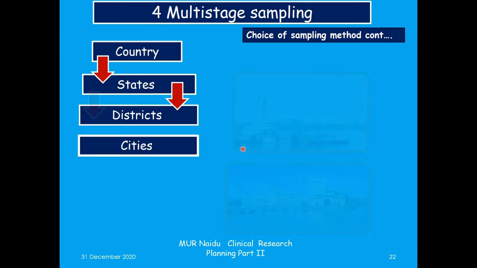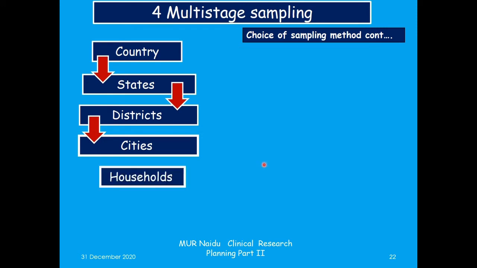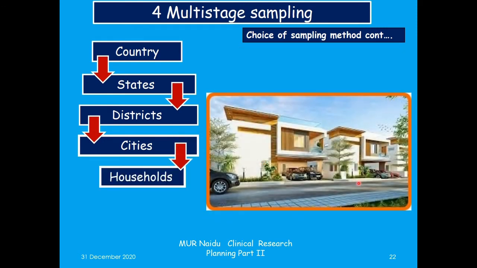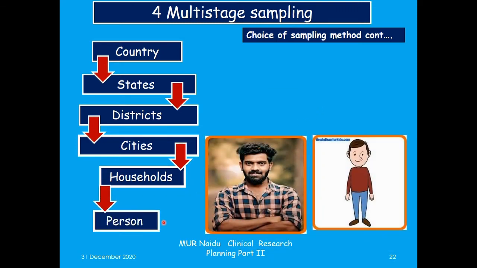Then coming to selection of the city, I have selected the city of Hyderabad and the city of Bombay. And then you have to select a household area from where the sample population will be included into the study. And lastly, from that household, the persons who are actually participating in the clinical trial will be included. So this is the way multi-stage sampling is conducted in clinical research.